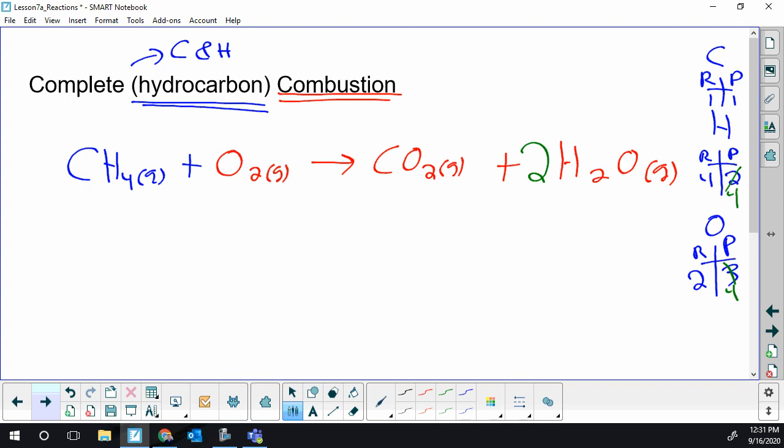So the 3 goes up to a 4. Now our oxygen is low on the reactant side. We need to turn the 2 into a 4. So we need to double our oxygen. Instead of 1 pair, we need 2 pairs. And now our combustion reaction is balanced. If you started with the O's, you'd probably not solve it. You kind of get in a bad loop.